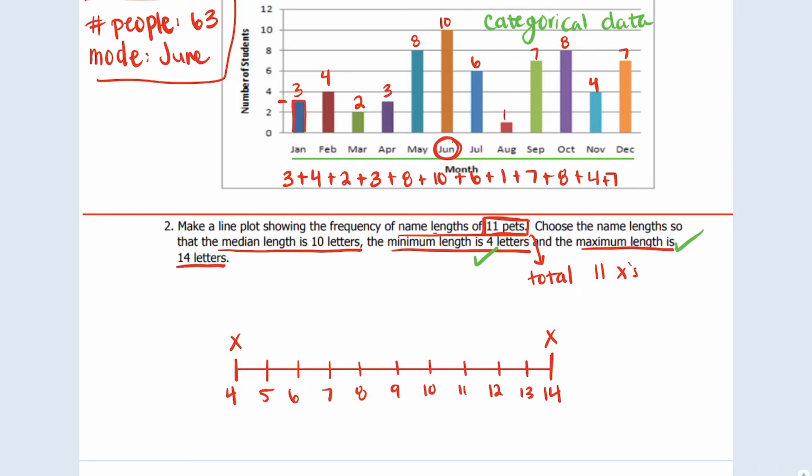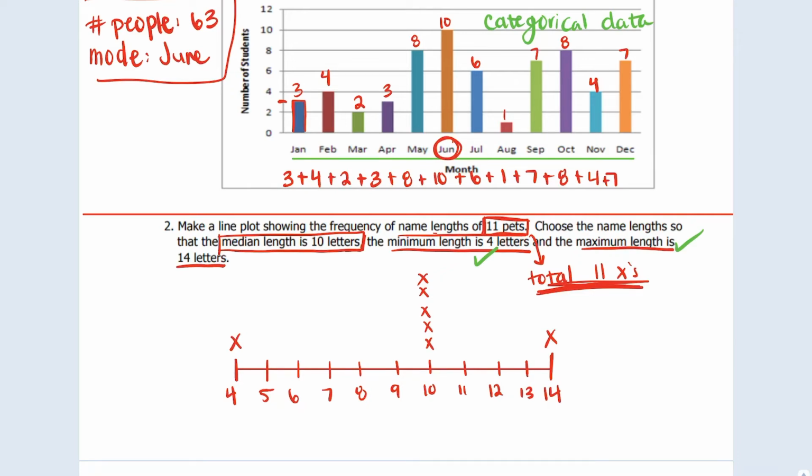So, remember, we need 11 total x's. So far I have 2. The only other thing that I need to keep in mind is that I want my median length to be 10 letters. So I would definitely start out with maybe putting 4 or 5 x's over the number 10. 2, 3, 4, 5.